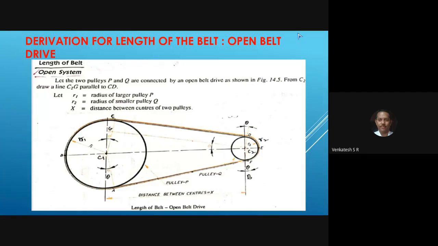Derivation for the length of the belt, or calculation of the length of the belt, is very, very important. You have this question in the examination. Among two, one is 100% guaranteed. Now, I stop at this stage.